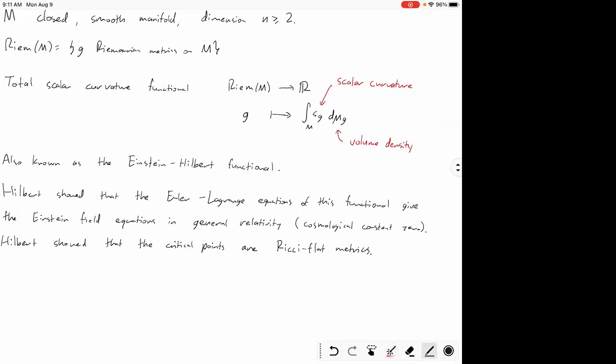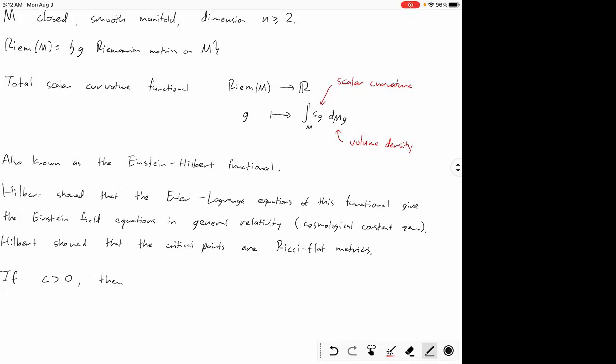All right. So you might ask, how does the value of this functional change if I change g a little bit? One thing we can do to any Riemannian metric is rescale it. If c is a positive constant, what's the relationship between the value of the functional on the metric g and on the metric c times g?